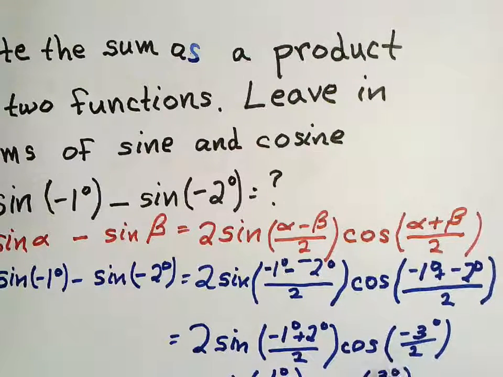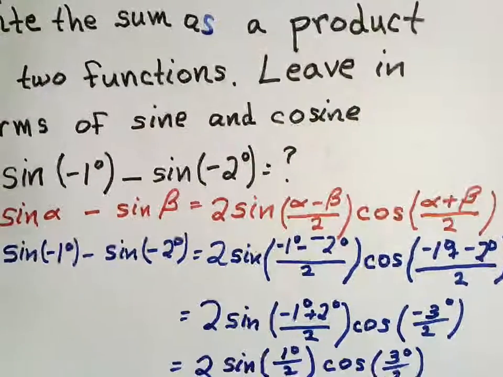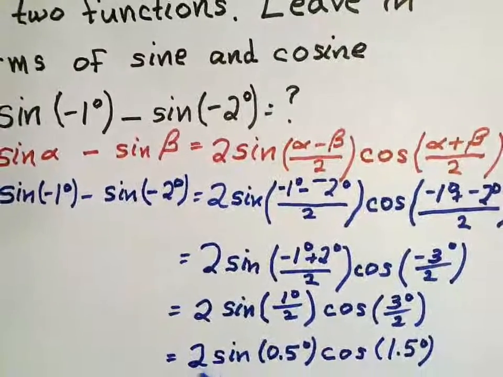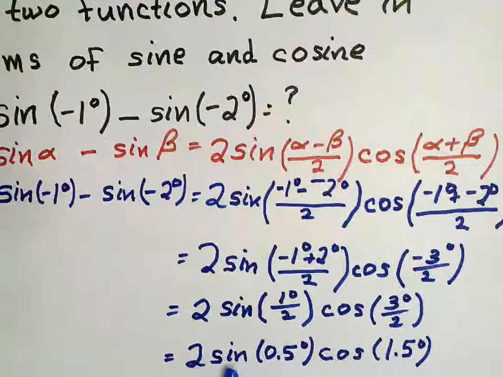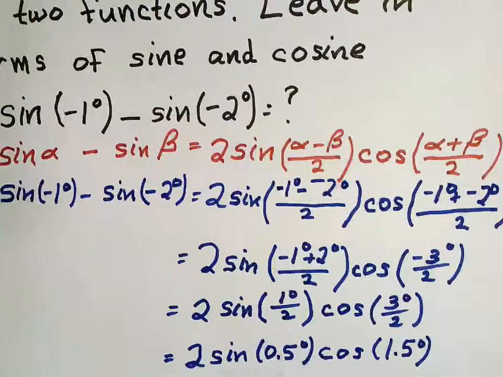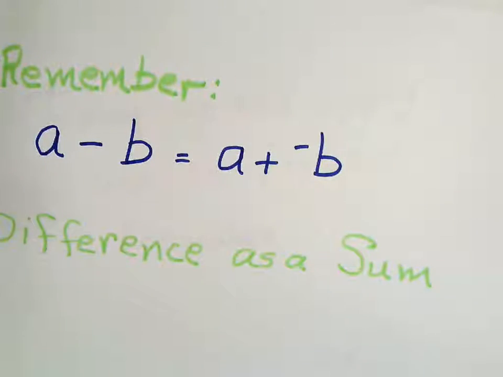So that's why I rewrote it like this. Our even odd functions. So we end up with 2 times the sine of 5/10 degree times the cosine of 1.5 degrees, which is our answer. And again, you see you have to match the sum to product formula up. So let's look at another example.